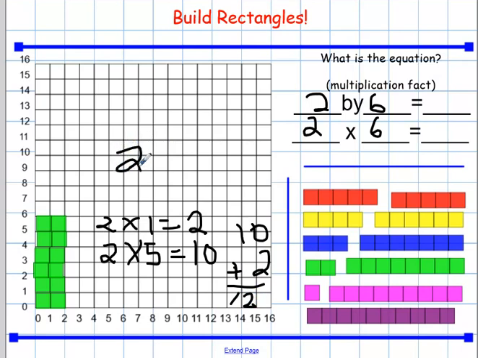It'd be 2 times 1 plus a 2 times 5. So the kids will understand 2 times 5 is 10 as our benchmark. Our new fact is a 2 times 6, which is that 2 times 5 plus that 2 times 1, which will get us a 2 by 6.